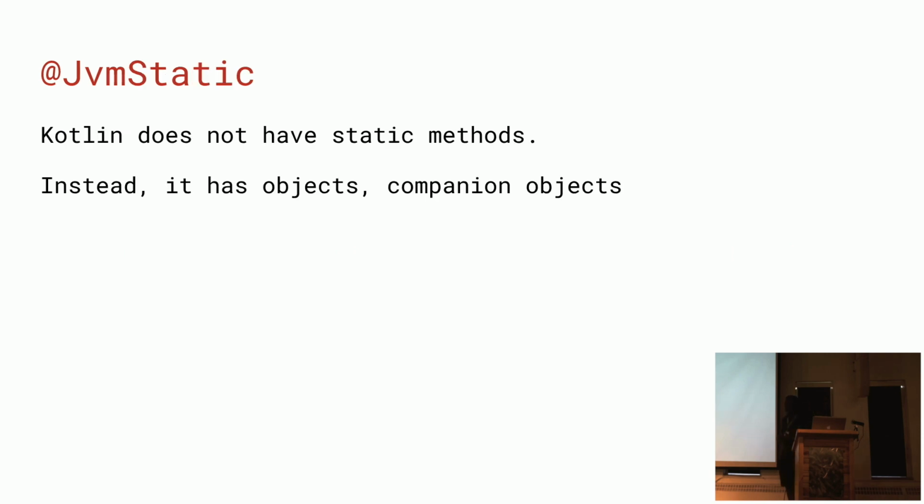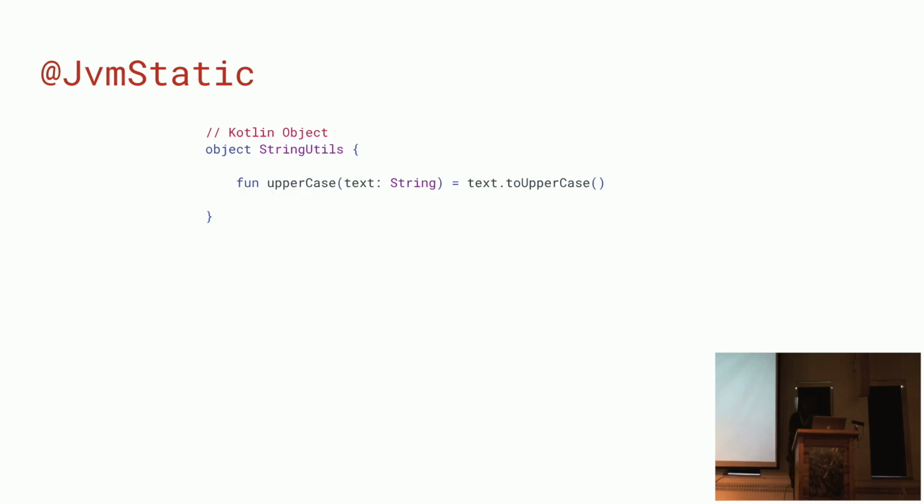The next one I want to talk about is the JVM static annotation. Kotlin doesn't have static methods, but we have objects and companion objects and all the likes. Now, when we call these from Java, they appear slightly different from when we call them from Kotlin. Take, for example, this object StringUtils, and we just want to turn a text into uppercase.